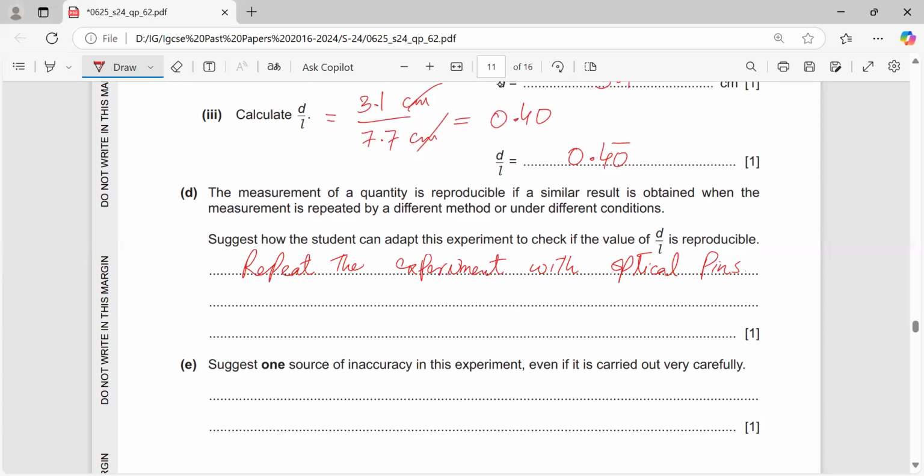Or he can repeat the experiment with angle of incidence equal to 60 degrees on the other side of the normal, to check whether it is workable. Right now it was the left side of the normal. Now he can do it with the right side, the other side of the normal.